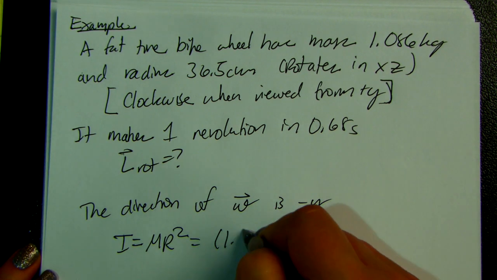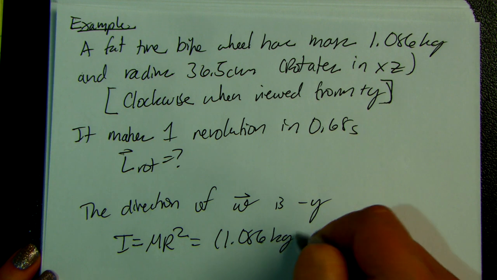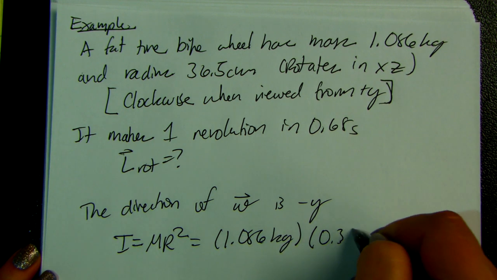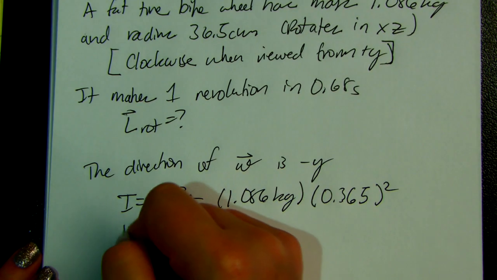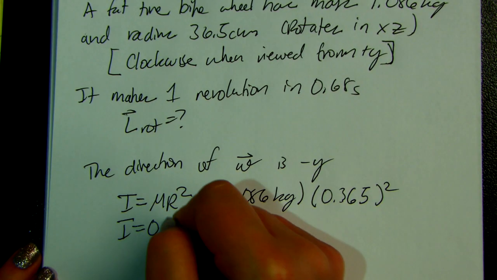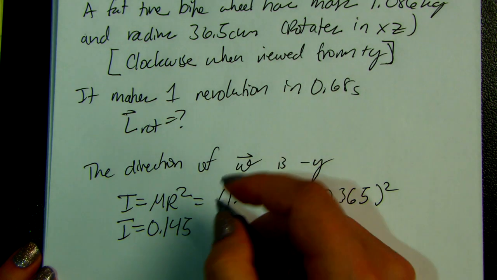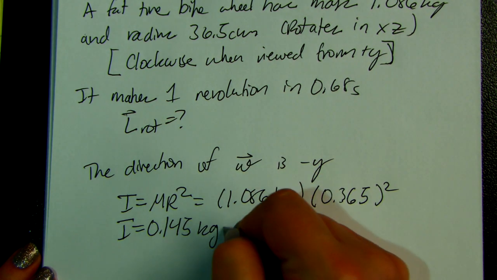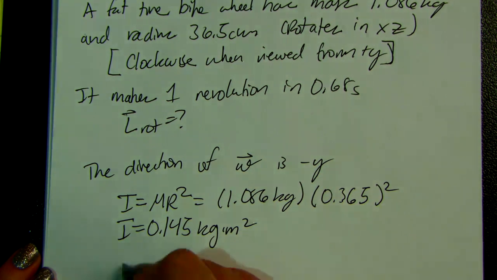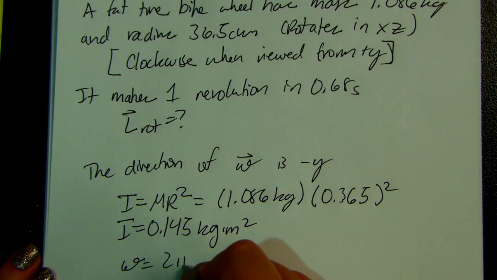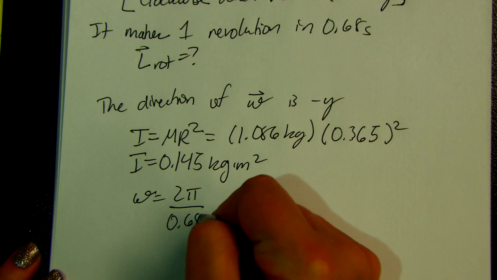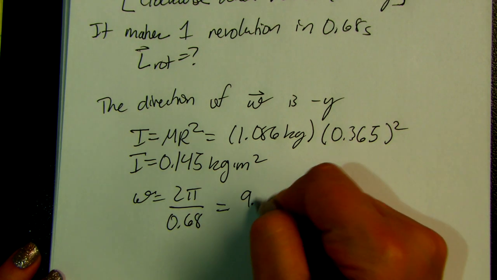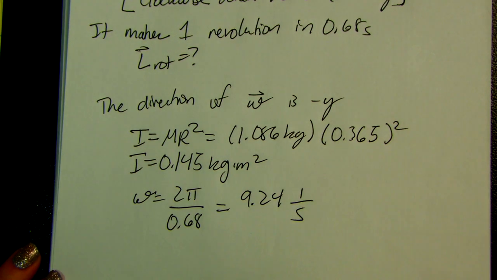This is equal to 1.086 kilograms times 0.365 quantity squared. The moment of inertia is equal to 0.145 kilogram meters squared. Omega is equal to 2 pi over 0.68, which is equal to 9.241 per second.